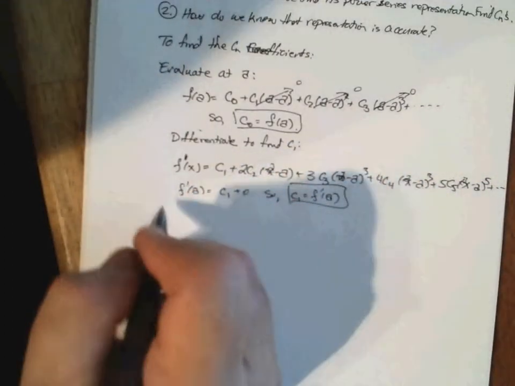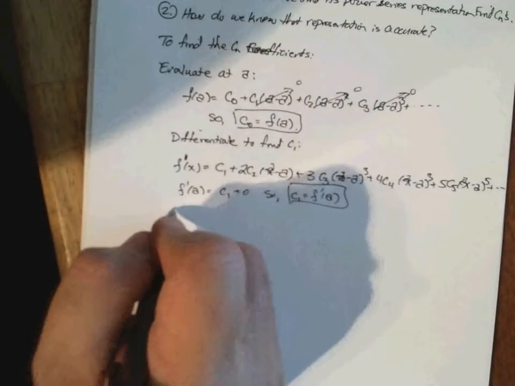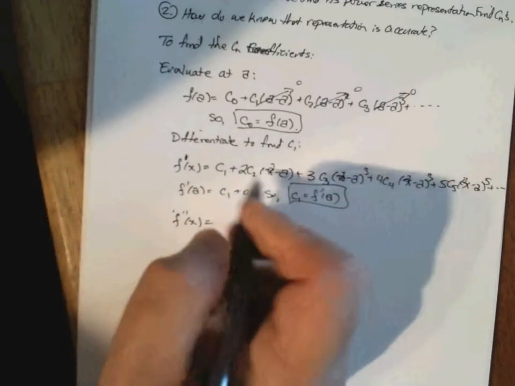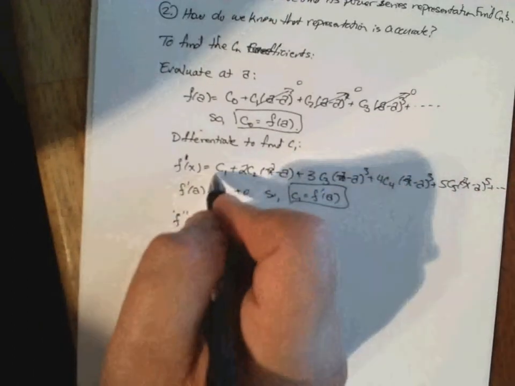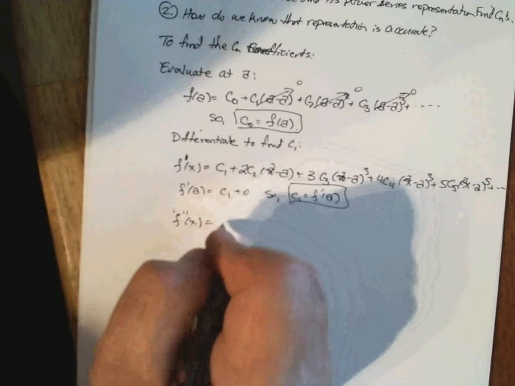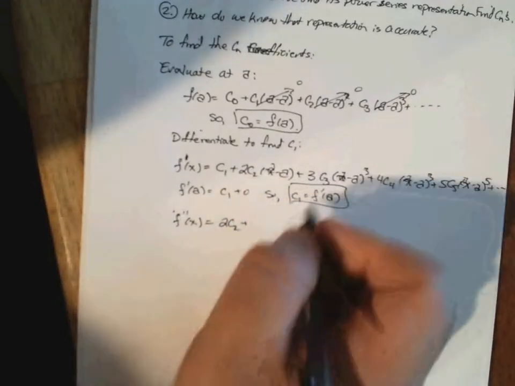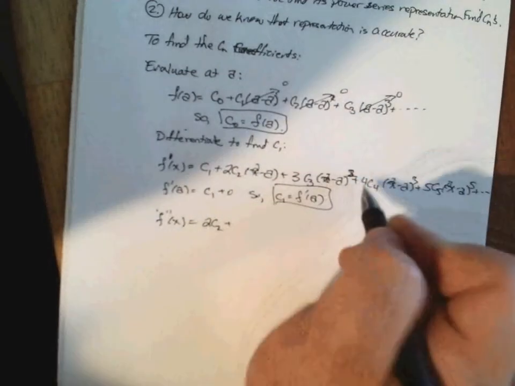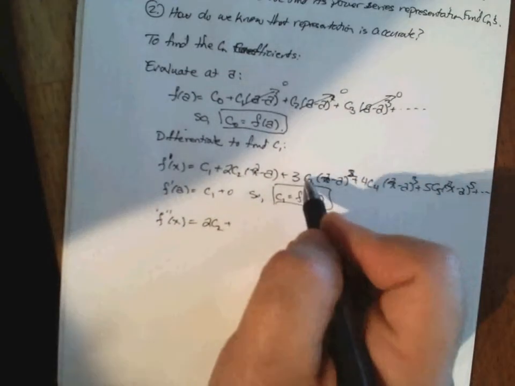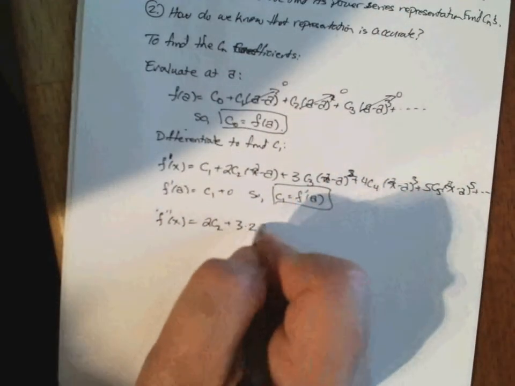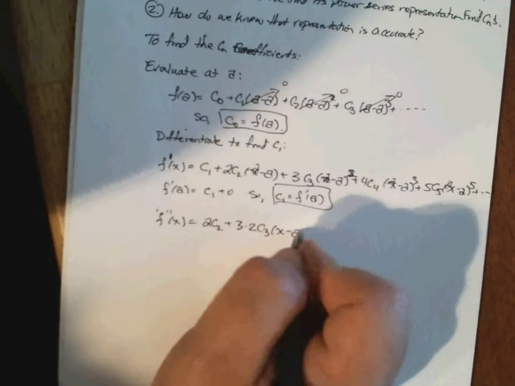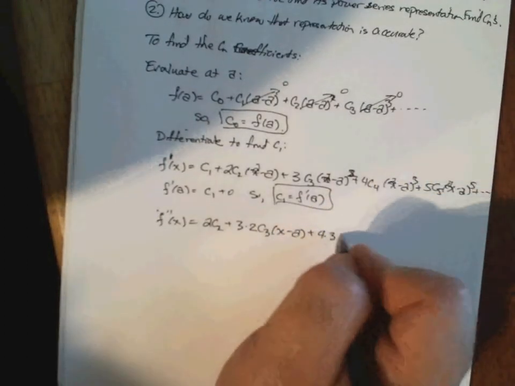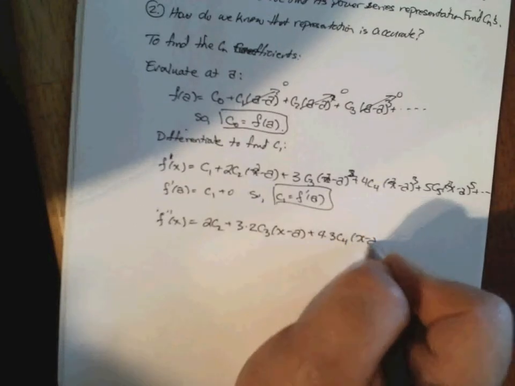Now, to find c2, differentiate again. When you differentiate this thing, the c1 goes away. 2c2 is now your constant. Here, the 3 that's a 2 power. The 2 comes down. That becomes 3 times 2c3 times (x minus a). Here, the 3 comes down. 4 times 3c4 times (x minus a) squared.